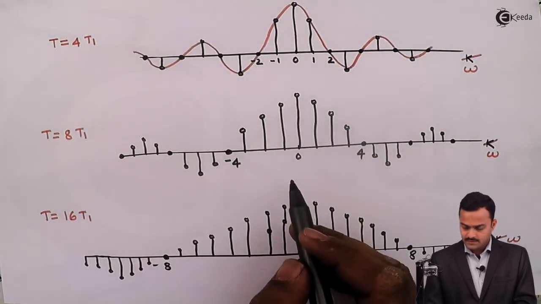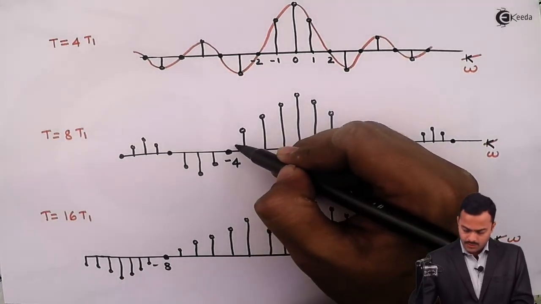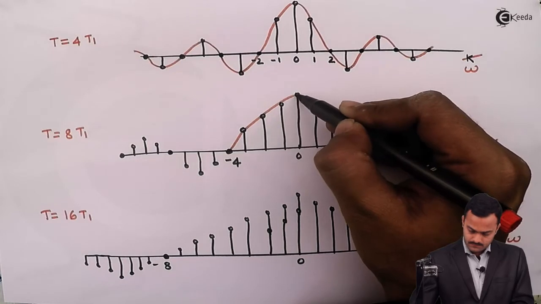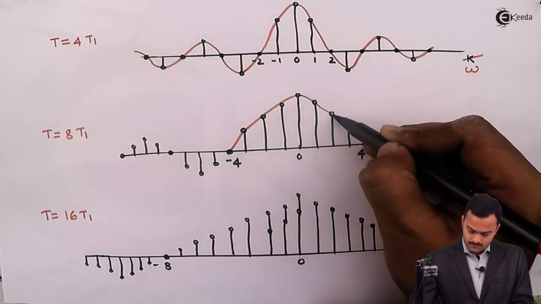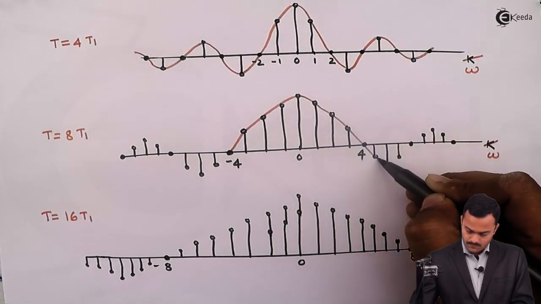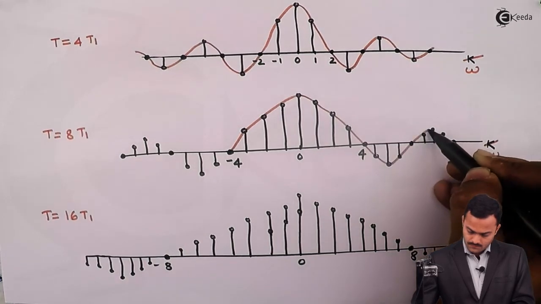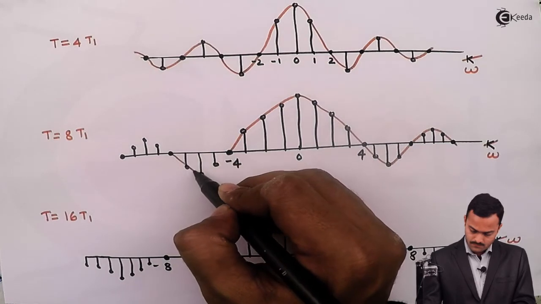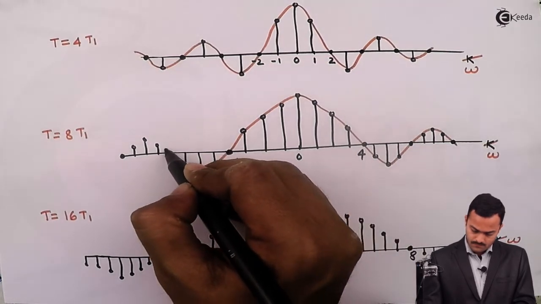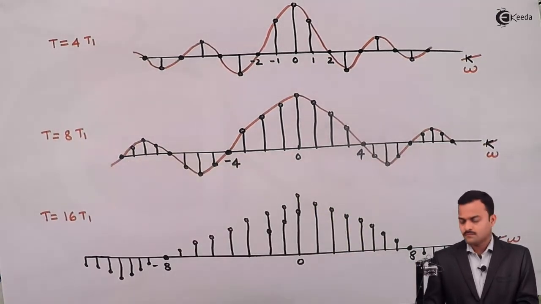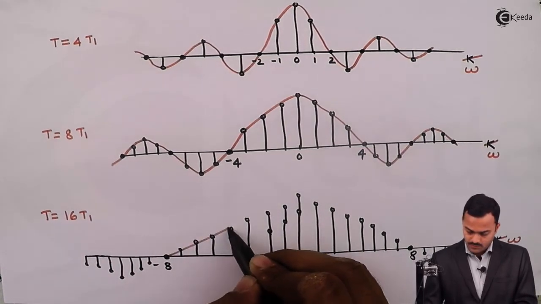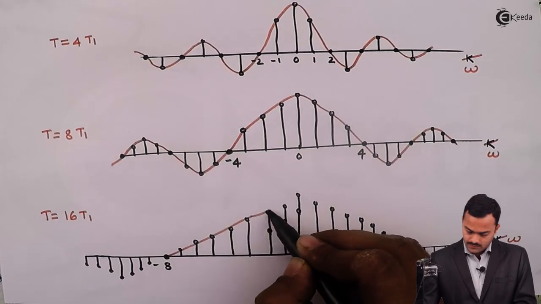Similarly, for this, I will get a plot like this. And finally, for this also, we will get a plot like this.